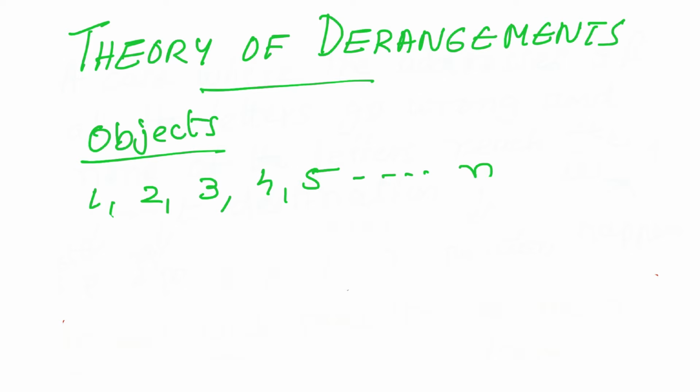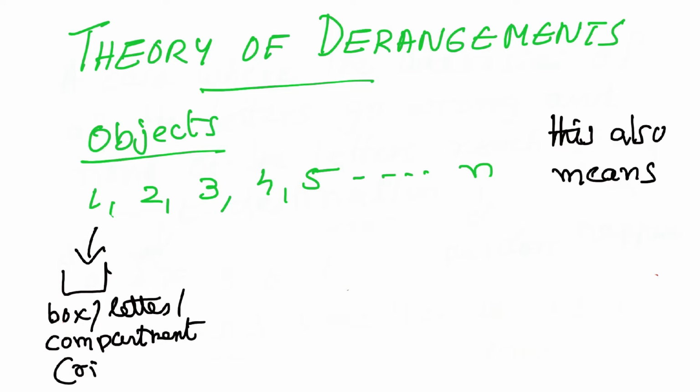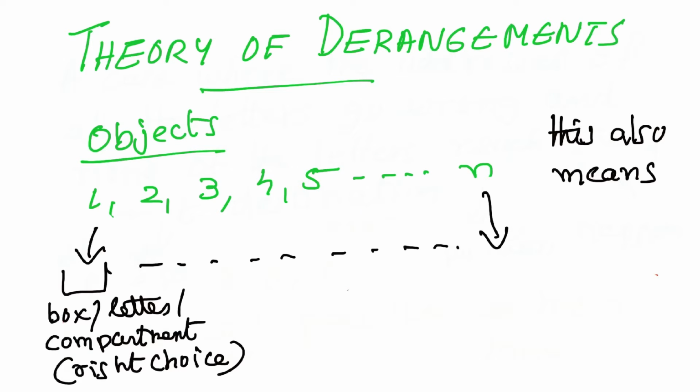This also means that each position would be denoting a placement, or something like a box or a compartment. In the particular case we are dealing with, the first letter should be in the first envelope, which obviously means that the nth letter should be placed in the nth envelope, which is the envelope meant for the nth letter.